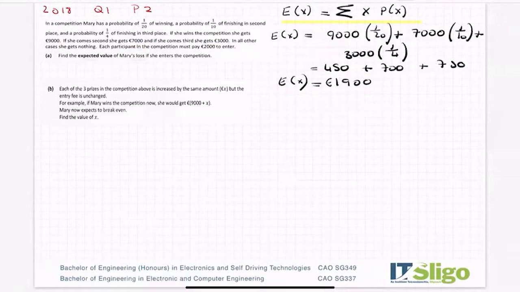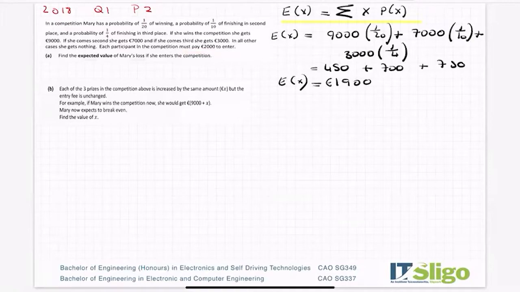Okay, so very useful for the likes of this, for competitions, to see on average how much would whoever was holding this competition pay out. So on average, they would pay out 1,900 euros to each person that played this competition with those odds. Okay, and they use that information then to set the entry fee for your competition.